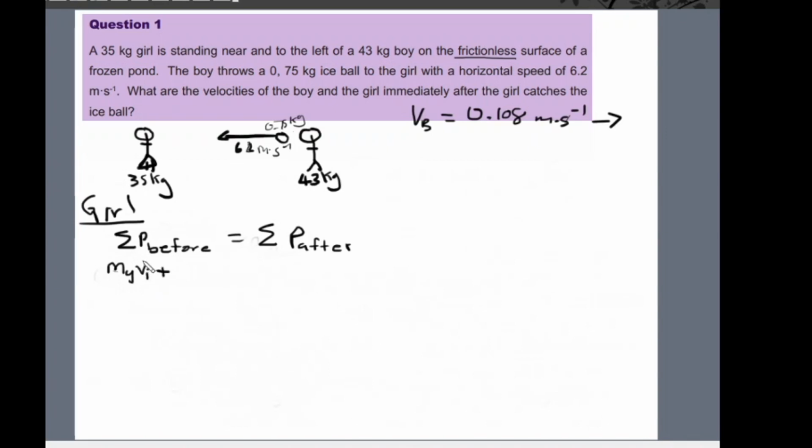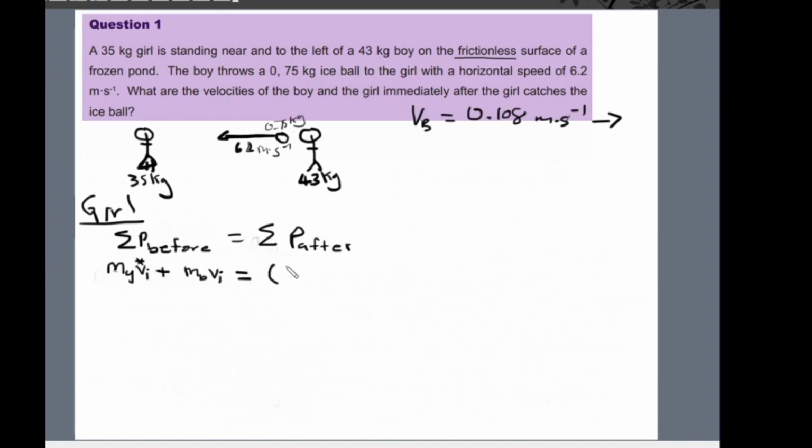I will put a star on top of the velocity of the girl, just so that we don't get confused. And then the total linear momentum before collision is the momentum of the girl, and then the momentum of the ball. The ball is the mass of the ball times the initial velocity of the ball, and then the total linear momentum after collision.